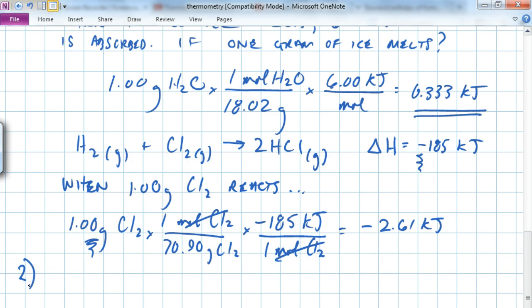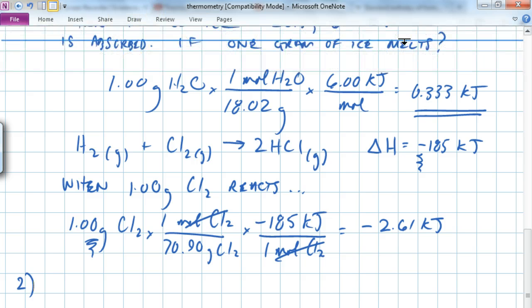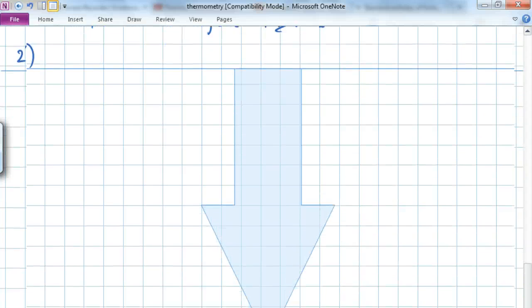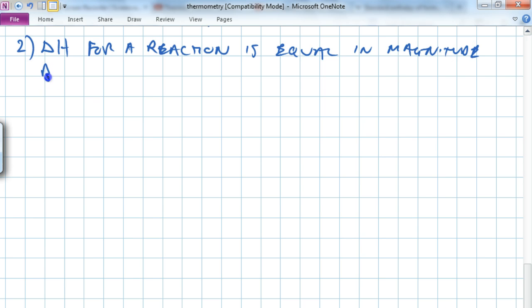Rule number 2. So rule of thermochemistry number 2. Delta H for a reaction or a process, could be a physical process as well, is equal in magnitude but opposite in sign for the reverse reaction.